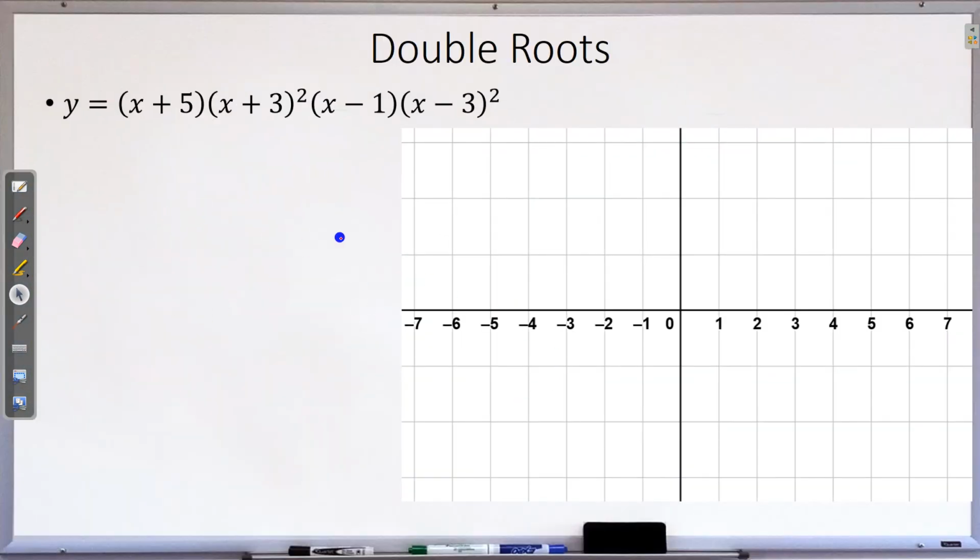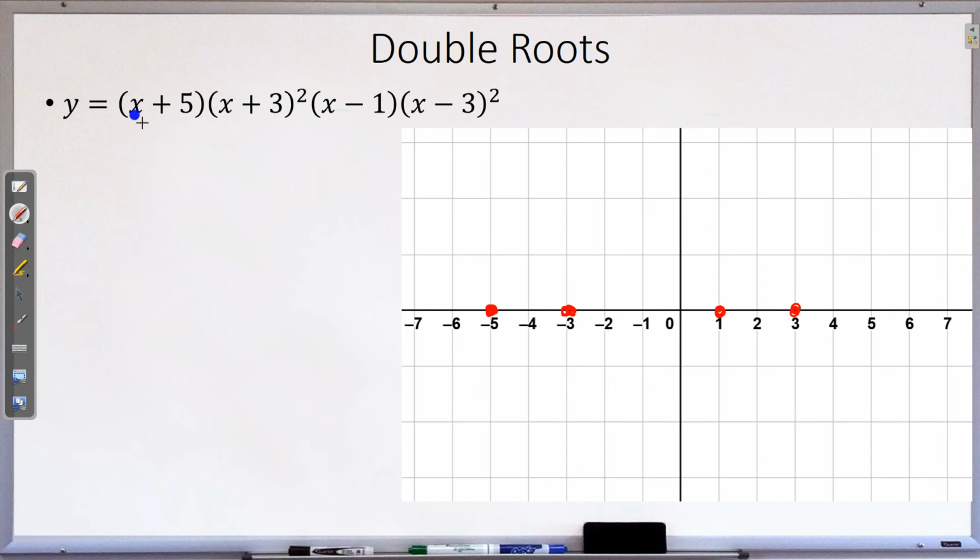Thankfully, we can start this off the exact same way we would usually with our x-intercepts. So that's going to give us -5. That's going to give us -3, +1, and +3 are all of our x-intercepts. Now the end behavior. So what's our total power of x? So here's where it becomes important that we have double roots.